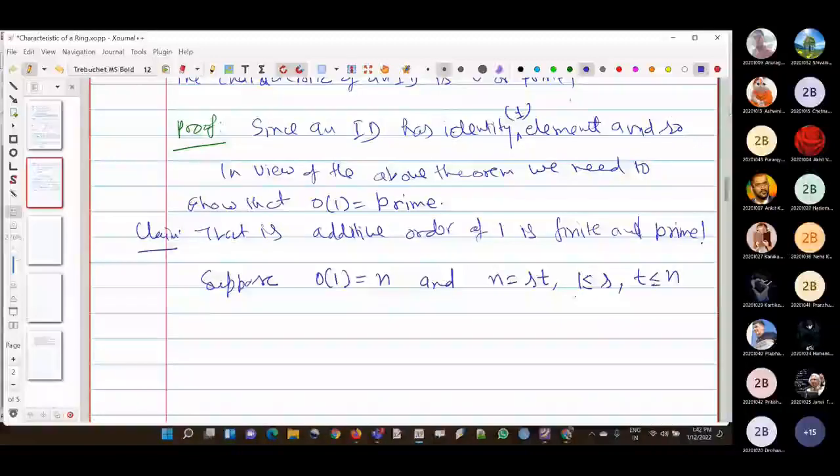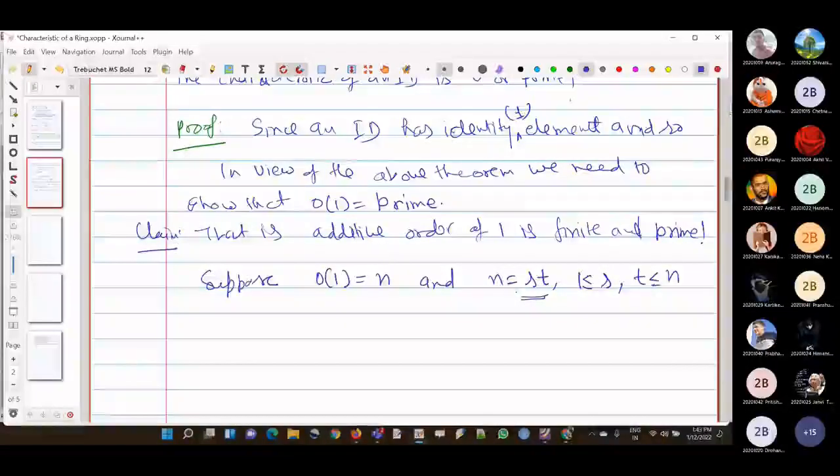We are not strictly saying that this is composite, but let us assume n can be written in this form. If neither s nor t is 1, then it will become a composite number, and then we will get a contradiction.